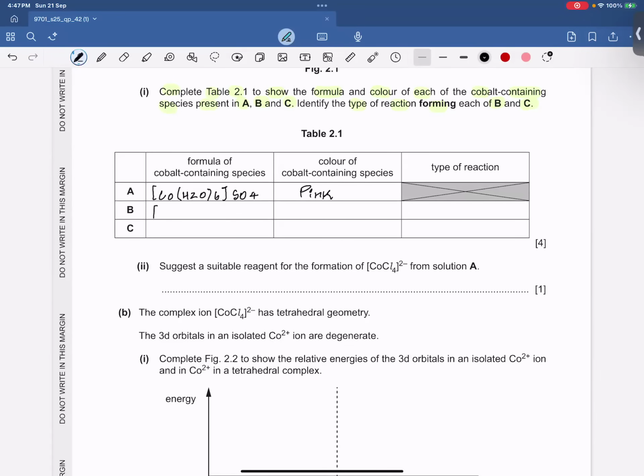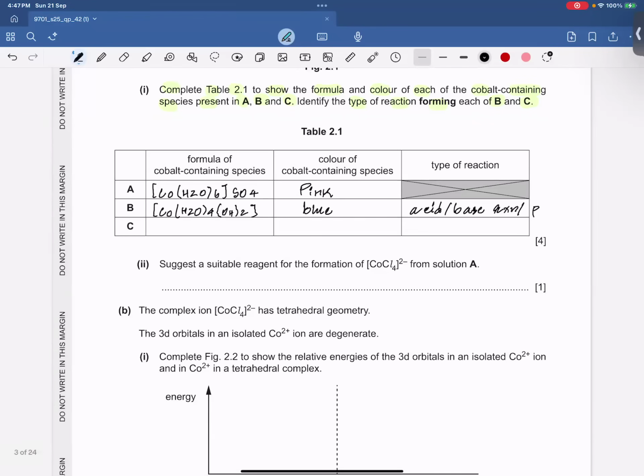Now in B, you can write Co, H2O taken 4, OH taken 2, and then bracket, and that will give you blue precipitate. And this is an acid-base reaction. Or we can write precipitation reaction.